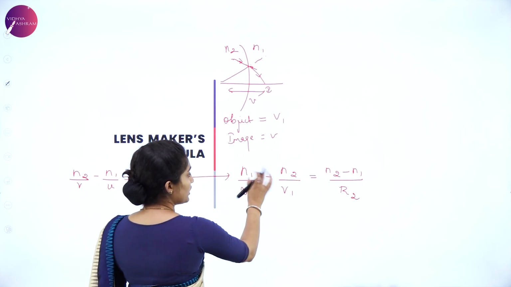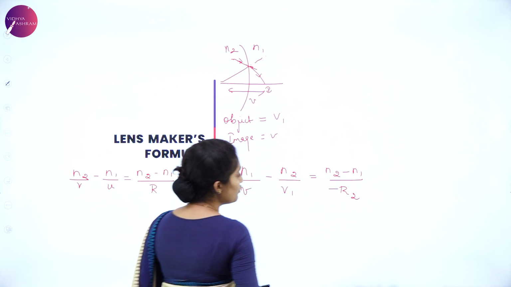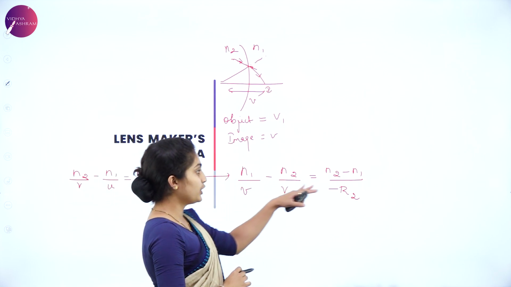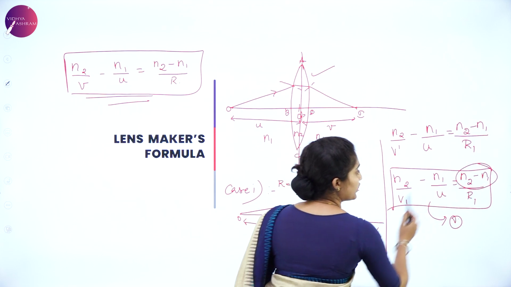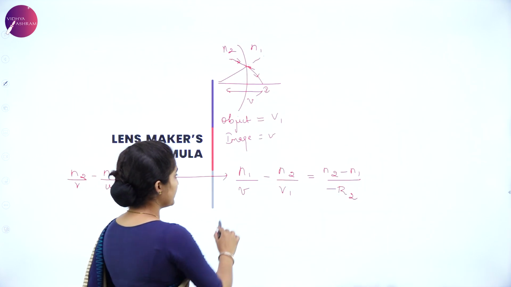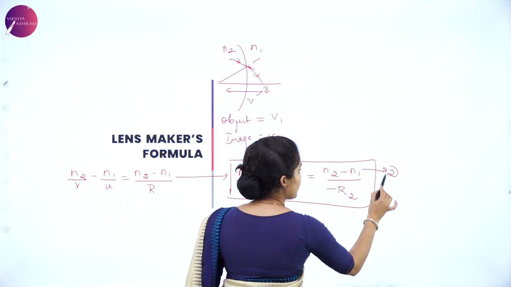But this time on equating the other way, we will have a negative of R2. So we get it to this form in order to equate with the previous equation, that is N2 minus N1 divided by R1. So this is another set of equations. We can call this equation 2.